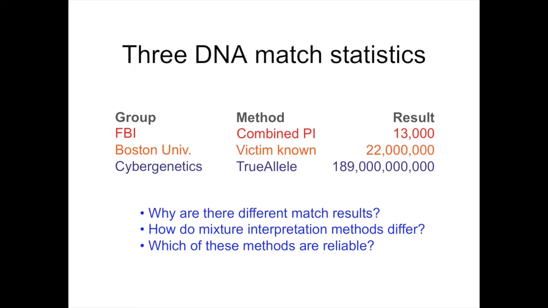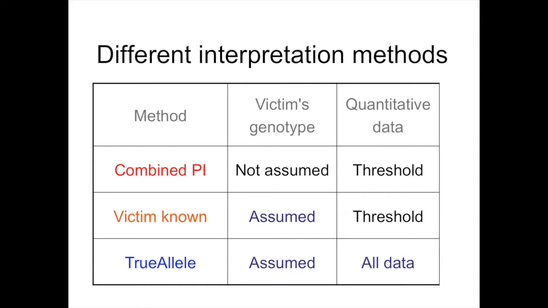And that led to questions. Why are there different match results, and why do they differ, and what's reliable? In overview, this is what the different methods were doing. The first method, CPI, or combined probability of inclusion, did not use the fact that the victim's genotype was known, and it applied a threshold to the quantitative data and just used in or out.